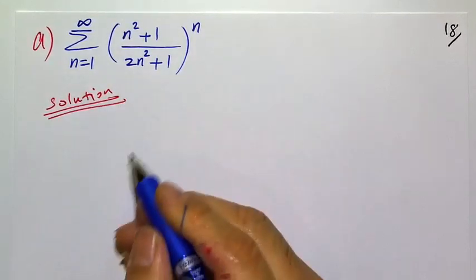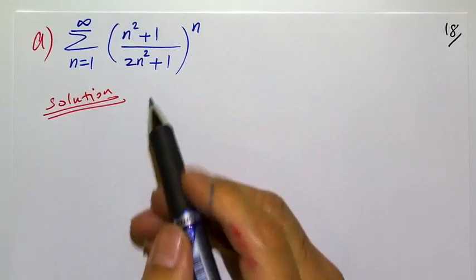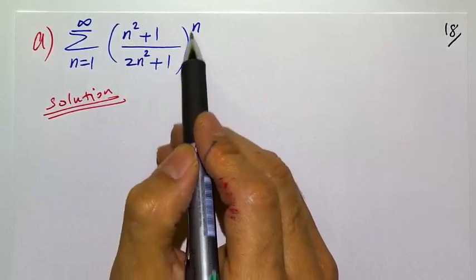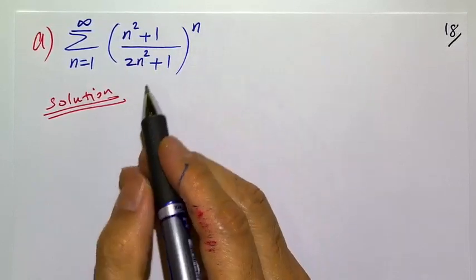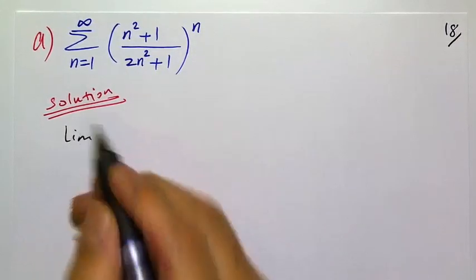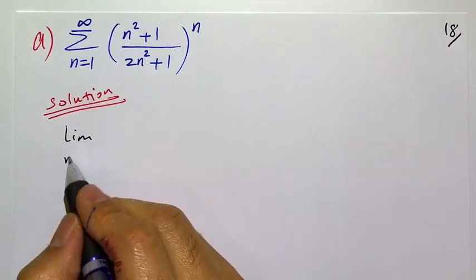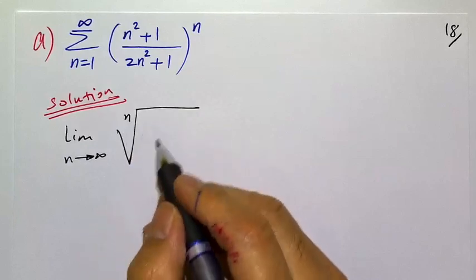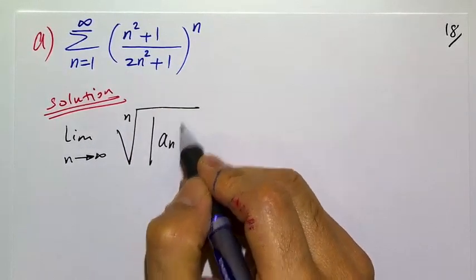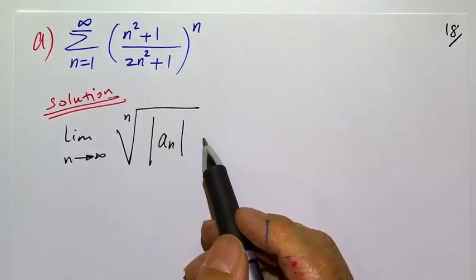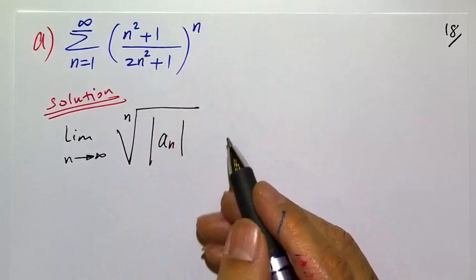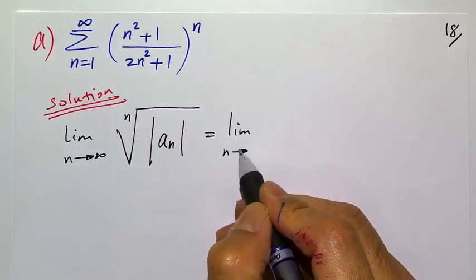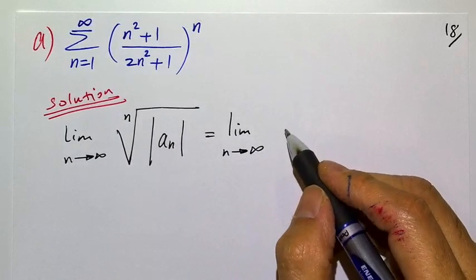Okay, so we take the limit of the nth root of this. Notice that we have an expression in this series to some power n. So the limit as n goes to infinity of the nth root of the absolute value of a_n, and this whole thing is our a_n.